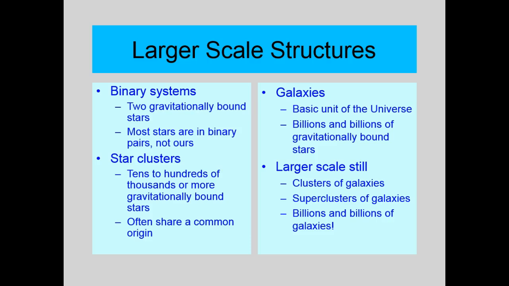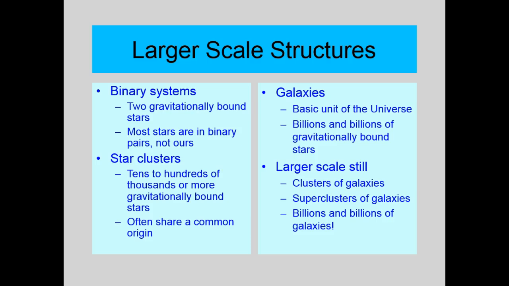Pretty good stuff. All right, now we're moving on to what they call larger scale structures, larger than a star. Let's start with the fact that not all stars are single stars. Our sun happens to be a single star, a unitary star, just one of them, okay?